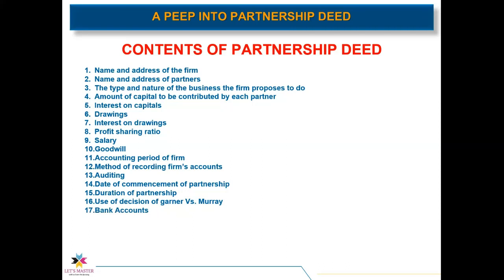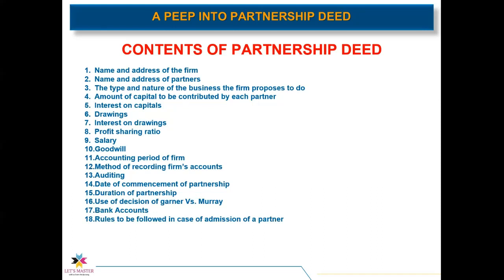Then bank accounts: with which bank the firm will have its accounts, who will be the authorized signatory, and so on. Then rules to be followed in case of admission of a partner. Earlier we discussed that all the partners should agree, but the partners may agree on a two-third majority, or a simple majority, or whatever the case may be.